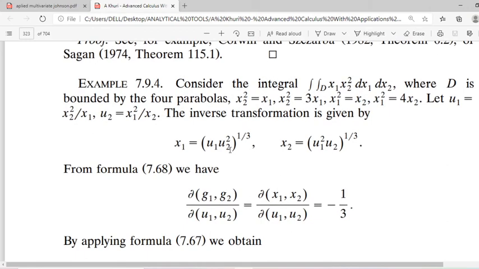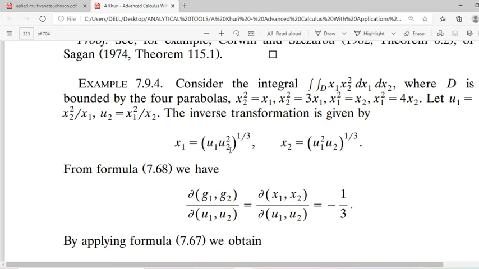Consider the double integral over D of x1 x2 square dx1 dx2, where D is bounded by the four parabolas: x2 square equal to x1, x2 square equal to 3x1, x1 square equal to x2, x1 square equal to 4x2. You can draw the four parabolas and think about the common region.